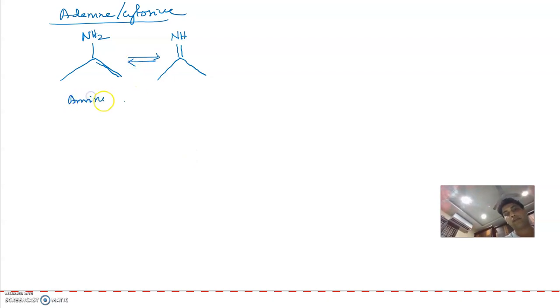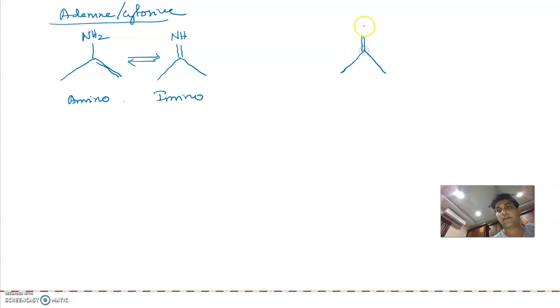Amino, imino tautomerism. If we look at guanine and uracil, we see that there is a keto group, say in guanine or uracil or thymine.